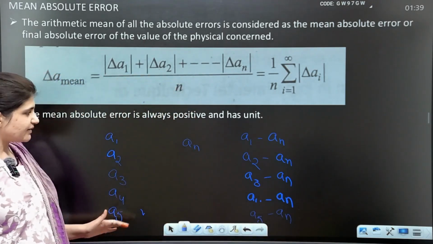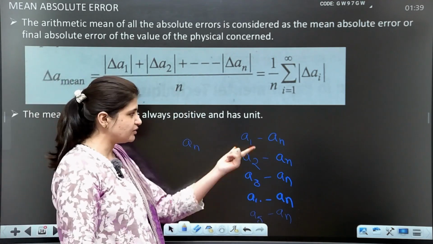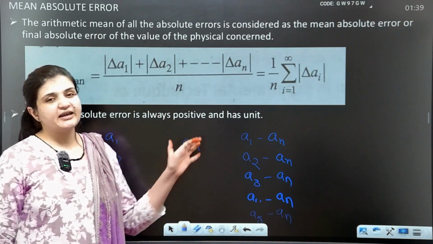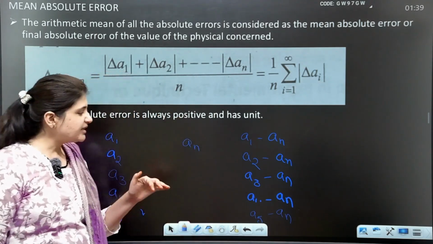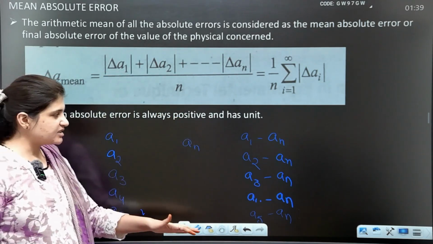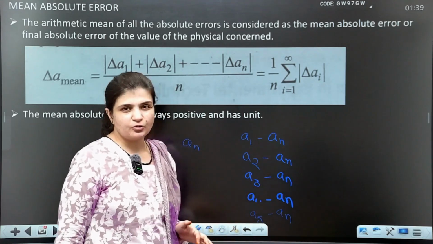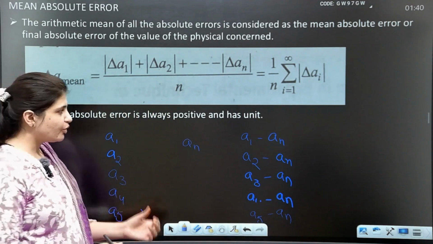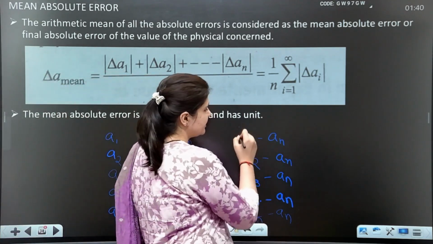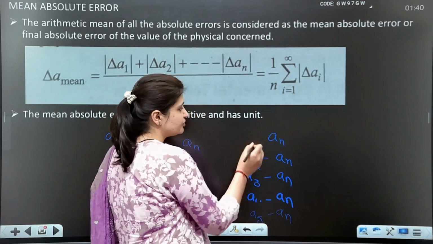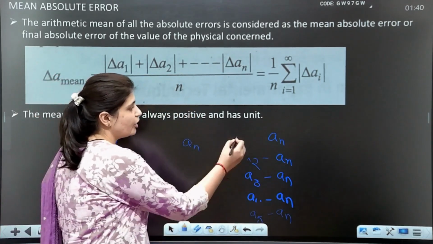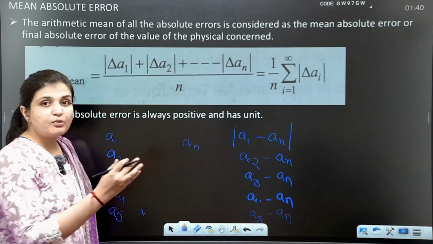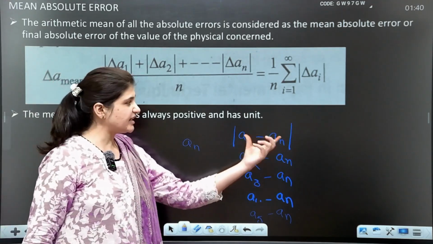AN is the true value, the average value. So A1 minus AN, A2 minus AN comes out to be the error in each value. But if we add these, the sum comes out to be 0. So what do we do? We take the absolute value, that is, the mod of it. The mod is the positive value.